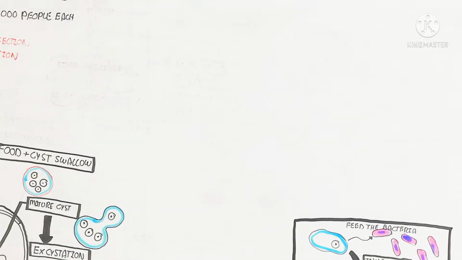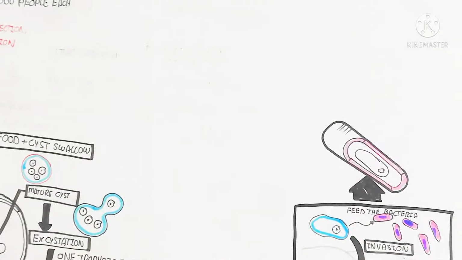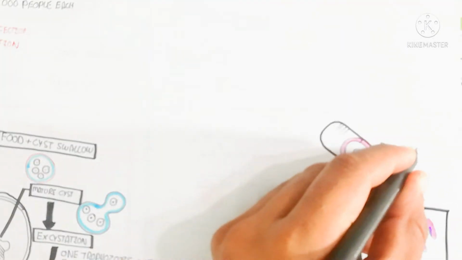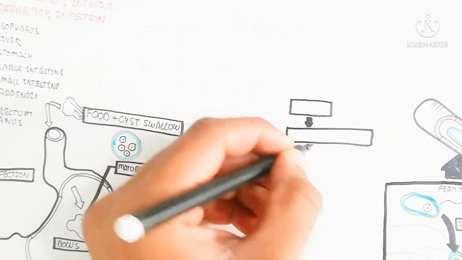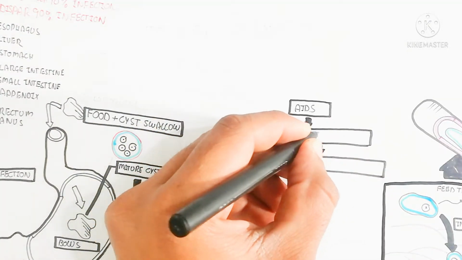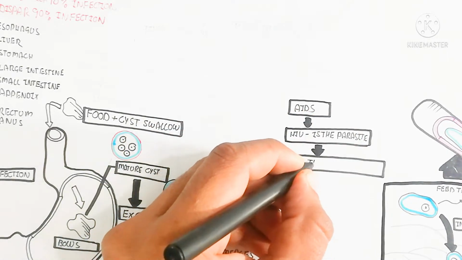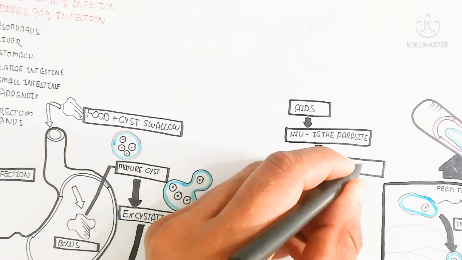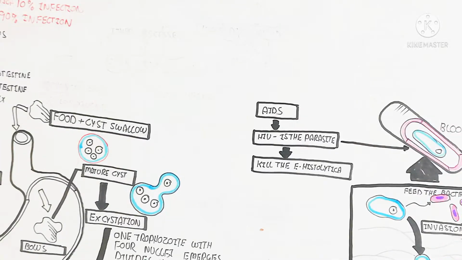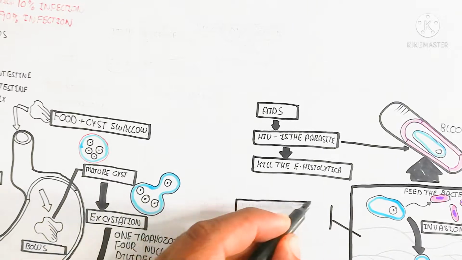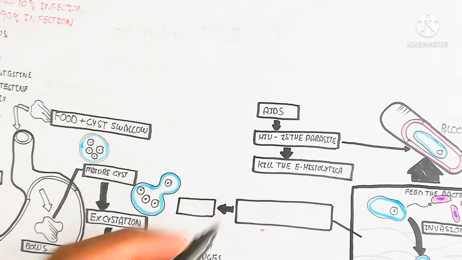Here is the blood stream I am drawing again for understanding. This is the blood stream, the blood vessel, which is an important thing you need to understand. AIDS contains HIV. HIV is a parasite of the human, and the trophozoite will eat the HIV and kill the Entamoeba histolytica.